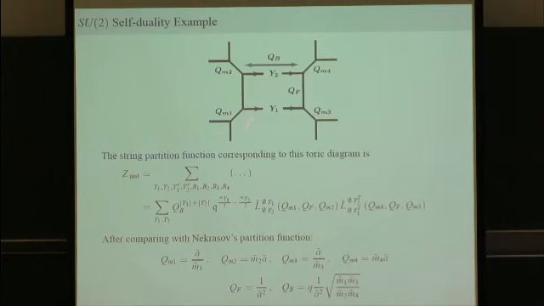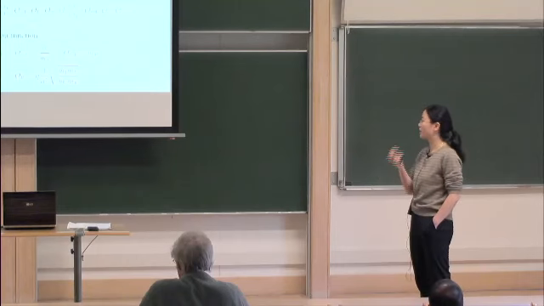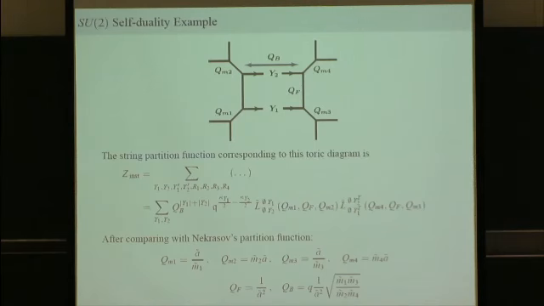So now, after you have computed the sums, you can compare with the Nekrasov partition function, and you see that what I called QM1, which are these 45 degrees lines, are related to the flavor masses M1, M2, M3, and M4. The QF, which is this distance, or this line, is related precisely to the Coulomb moduli, which from the brane picture is the distance between the D4 branes.